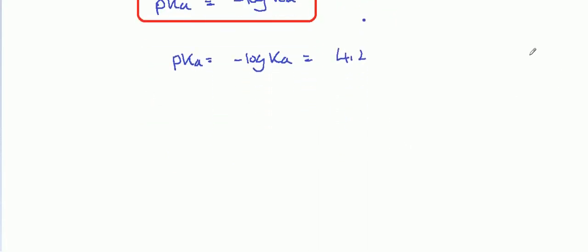Now, it is a logarithm to the base of 10. So, log of Ka is equal to minus 4.2. Ka is equal to 10 to the power of minus 4.2. I can leave it like this.